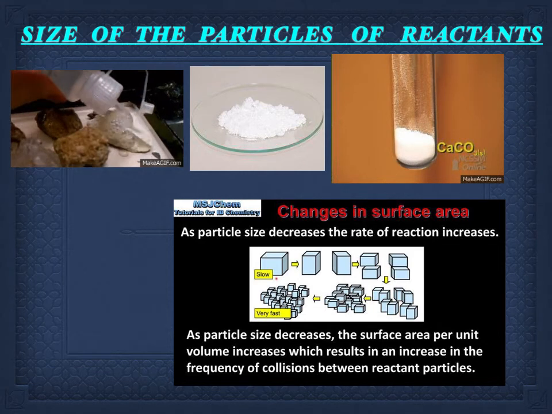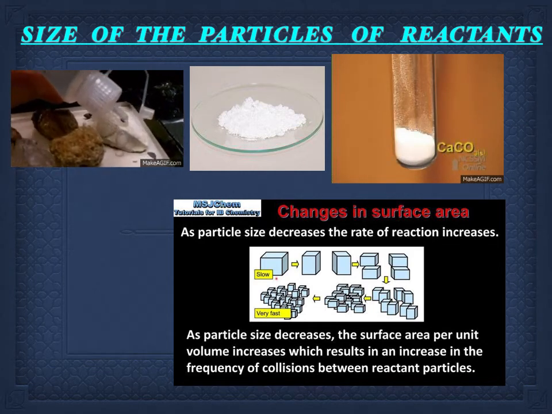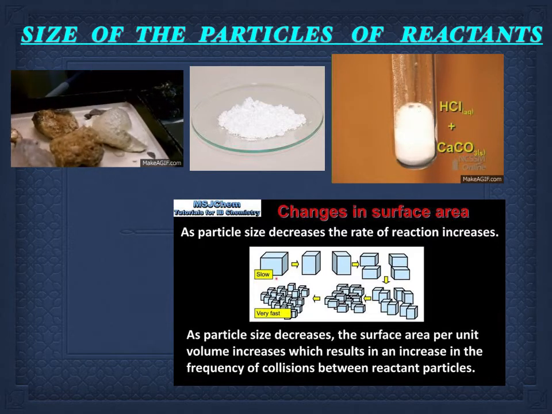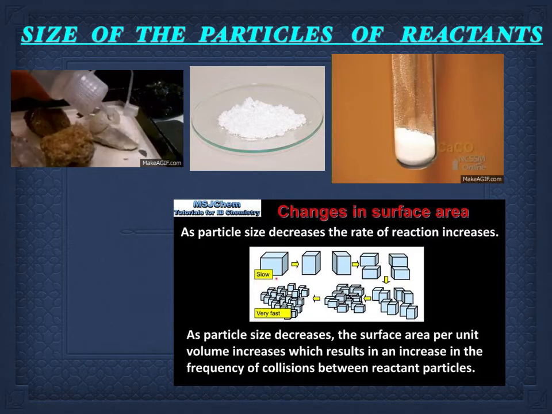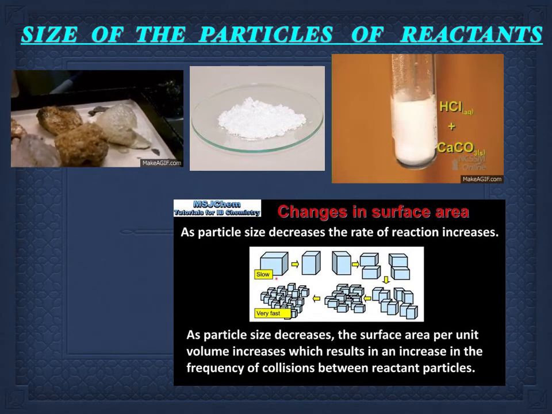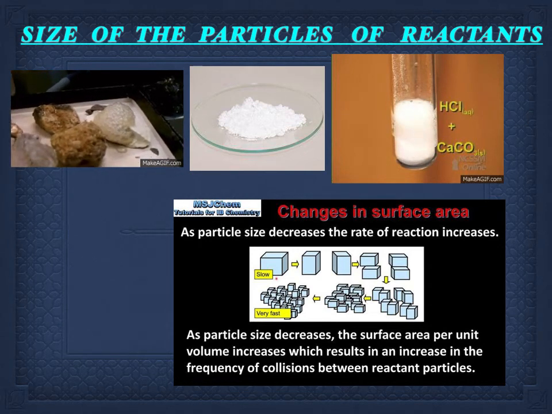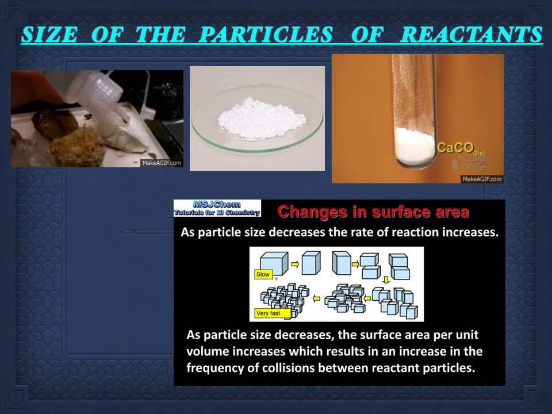As the particle size decreases, the rate of reaction increases. As particle size decreases, the surface area per unit volume increases, which results in an increase in the frequency of collisions between reactant particles. Smaller the size of the reactant particle, higher is the rate of the reaction. Let us consider the reaction of dilute and concentrated hydrochloric acid with calcium carbonate powder.